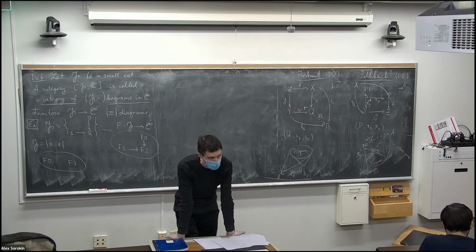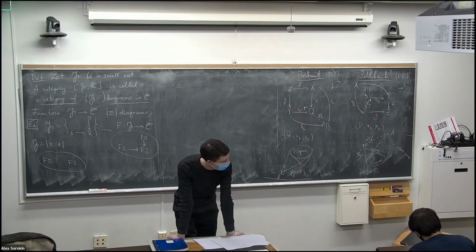There will be many more. Everywhere you look, you should look for adjunctions. Every functor that you see, you should ask yourself: does it have an adjoint? And if yes, then what is it? How to recognize adjoints, we'll talk about next time.